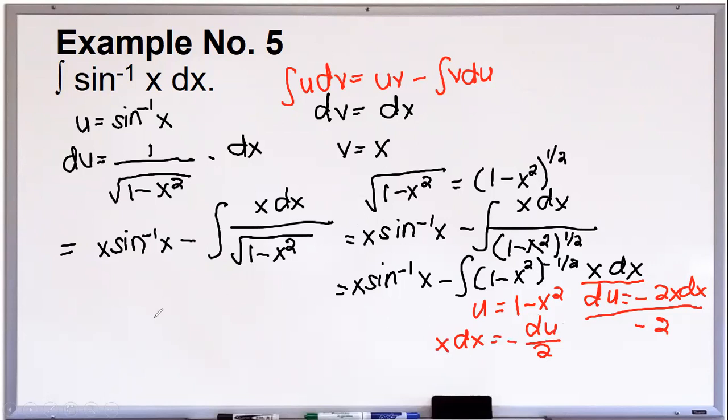Okay, so balik tayo dito. So, x arc sine of x, so, minus integral of u raised to negative 1 half times negative du over 2.